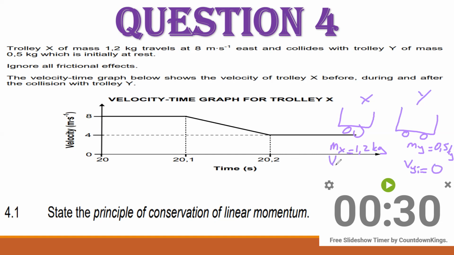And then Vx initial, let's check what they said: 8 meters per second east. Direction is also important for momentum and impulse. Just like this, we can write down all the givens, and then we can carry on.